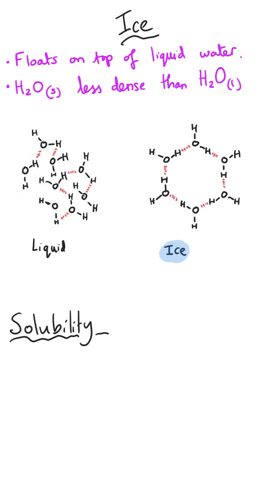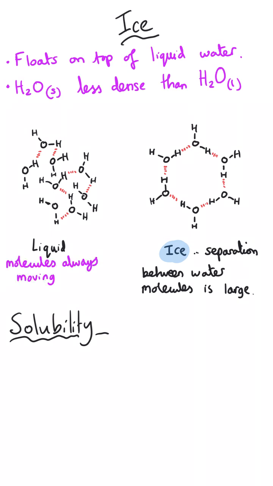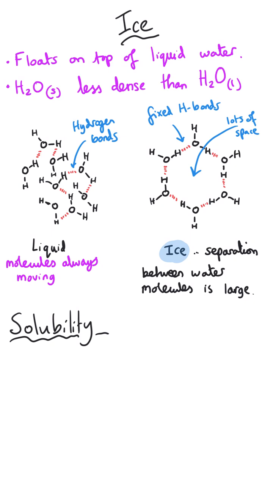And what this means is the separation of the water molecules in this crystal structure is larger than it is in water. In water, the molecules are constantly on the move, and so their hydrogen bonds will only be short-lived and they're not in a fixed position. Whereas in solid water, they're in a fixed position, they organise themselves in the most stable arrangement as they form into that solid, and this is one with lots of spaces between the molecules and so a low density.